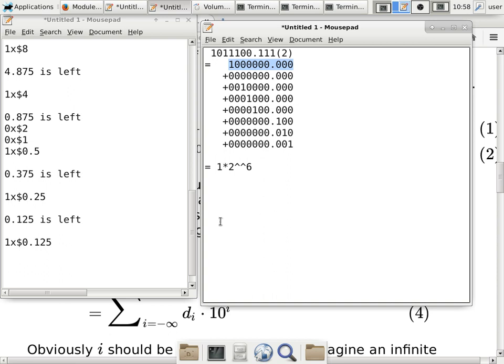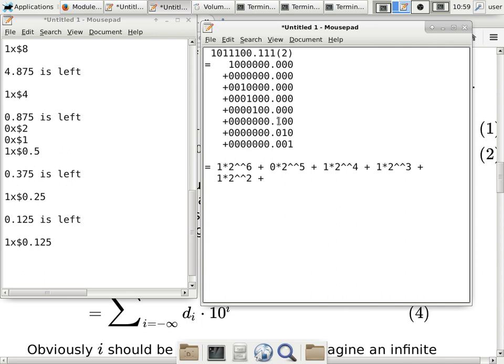So that means I can now rewrite this as 0 times 2 to the power of 5 plus 1 times 2 to the power of 4 plus 1 times 2 to the power of 3 plus 1 times 2 to the power of 2. Okay, and then I'm going to skip the 0, because it just doesn't need to be represented here.